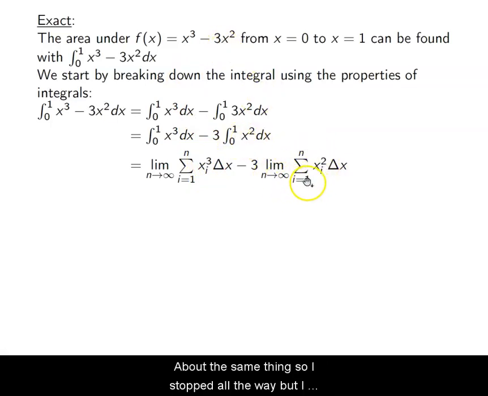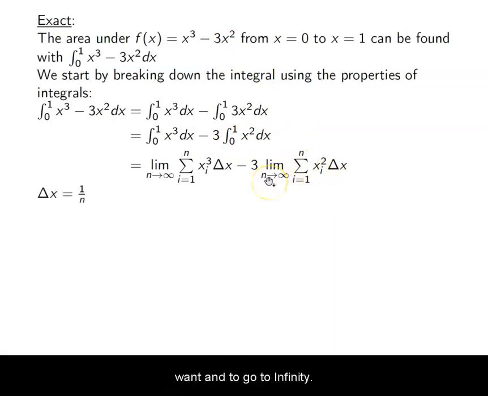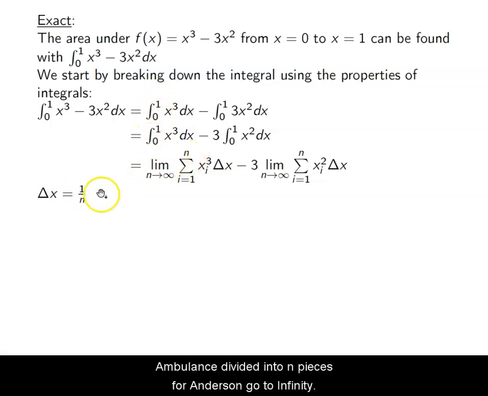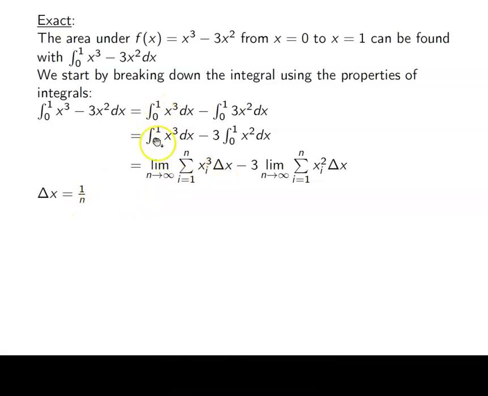It's the same thing, so I start from 1 all the way to n, but I want n to go to infinity, right? My delta x is 1 over n because the length here is 0 to 1, and I'm going to divide it into n pieces, but n is going to go to infinity. So the bounds here are 0 to 1, that's the length, so b minus a over n.